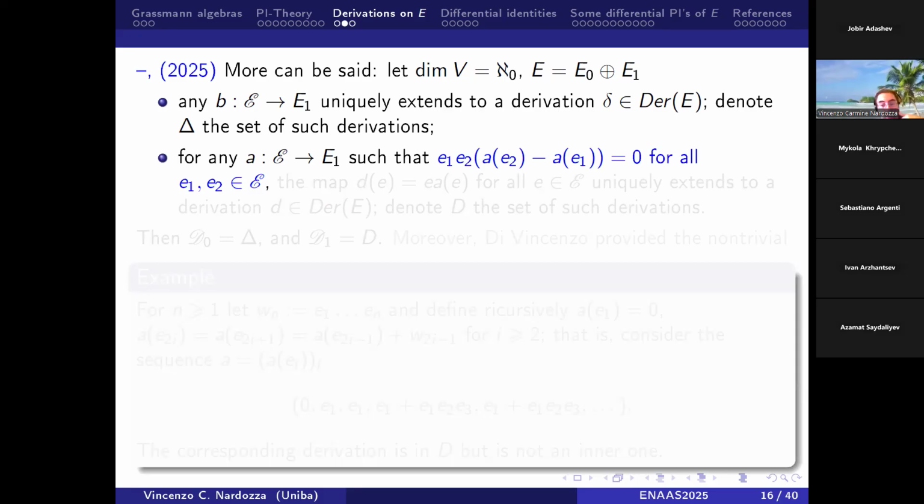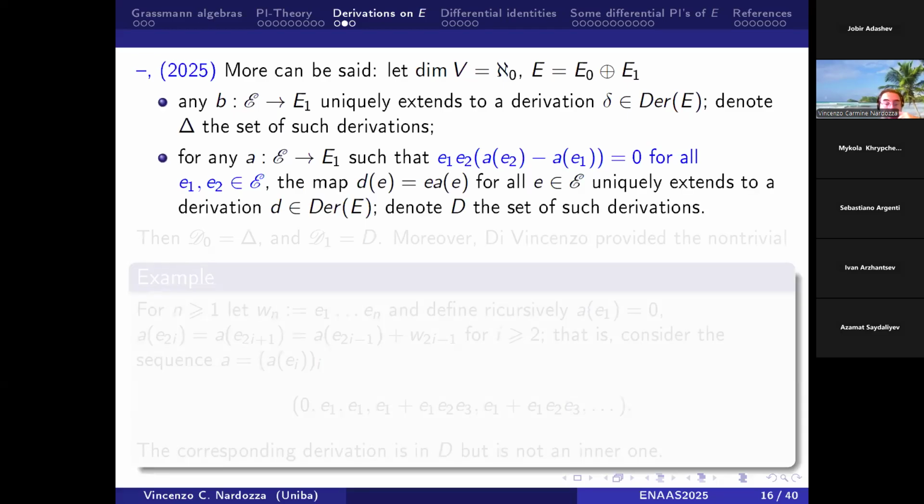This equality must hold for all e1, e2 chosen in the basis. In this case, the map A allows us to consider another map. We call it D, defined this way. And this map D uniquely extends to a derivation D on E.